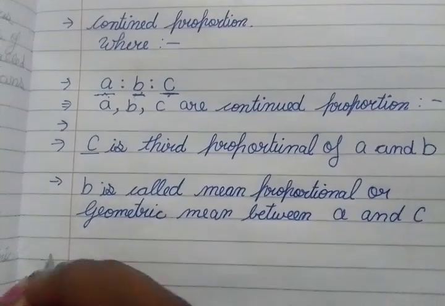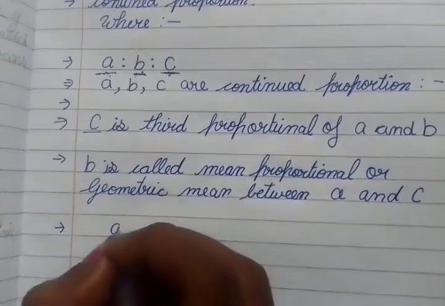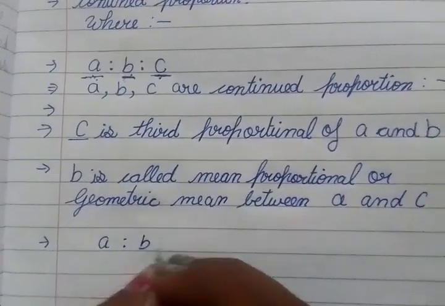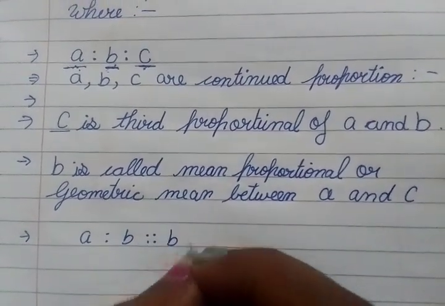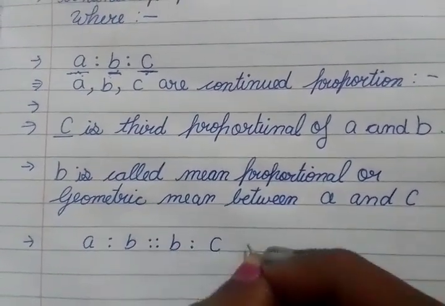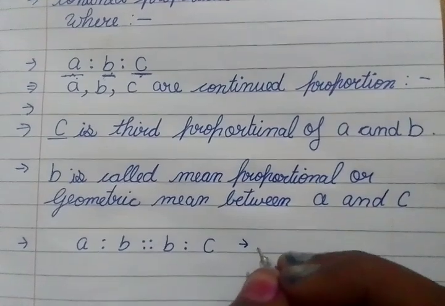So here we will take an example. A is to B is to, means ratio sign, then B is to C. We will write in division form, as I have told you.